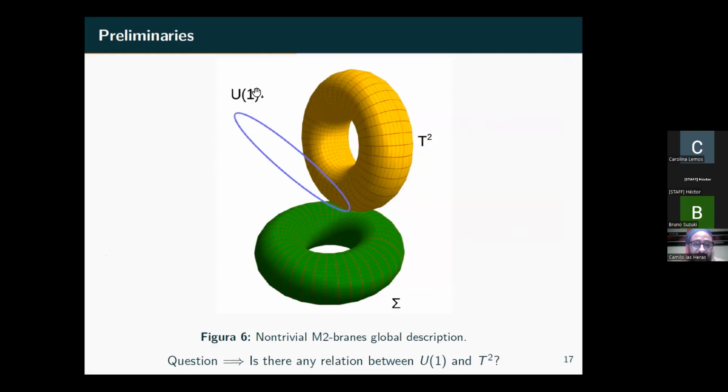One question that we ask ourselves is what is the relation between these two fibers? We have a torus that is related to the symplectic structure of the fiber bundle, and we have a U1 principal bundle. What is the relation between these two fibers that we have here?